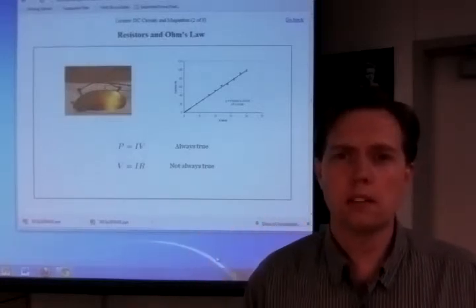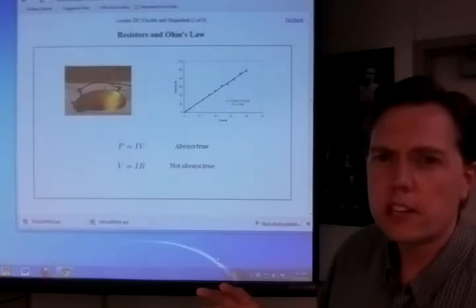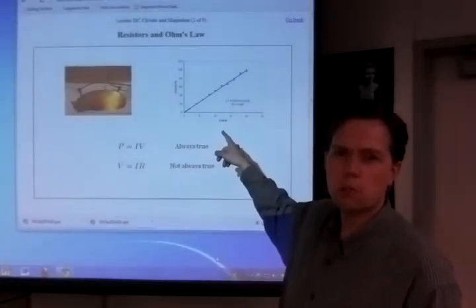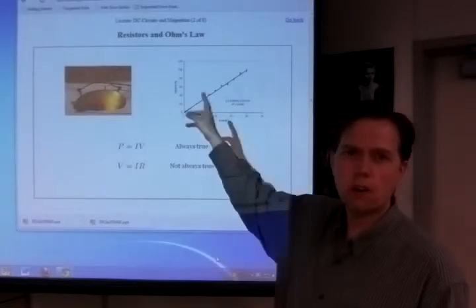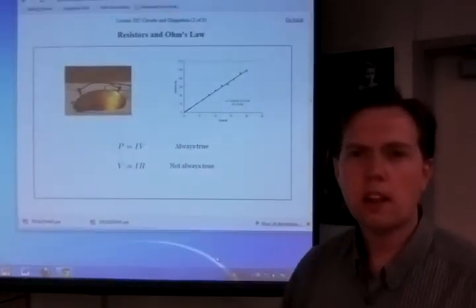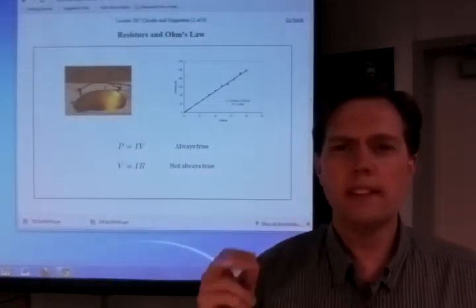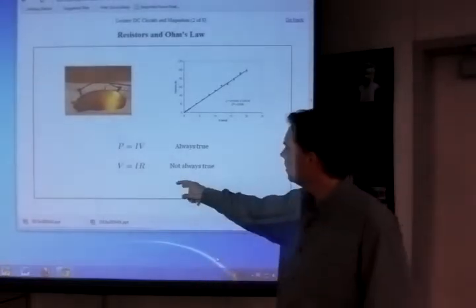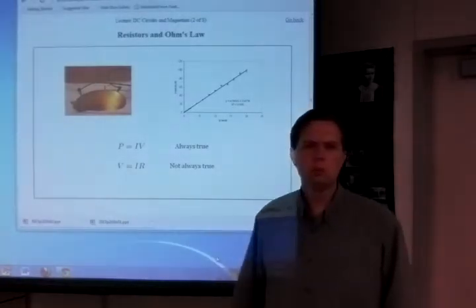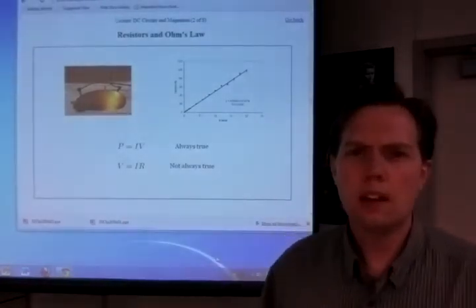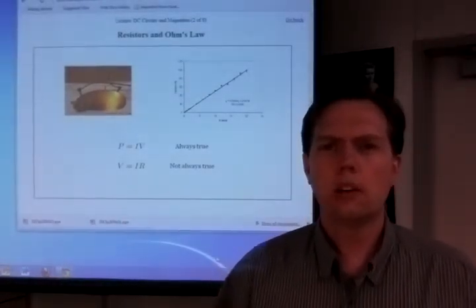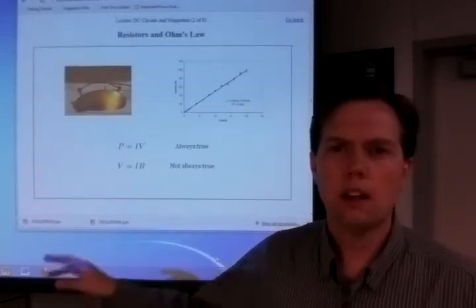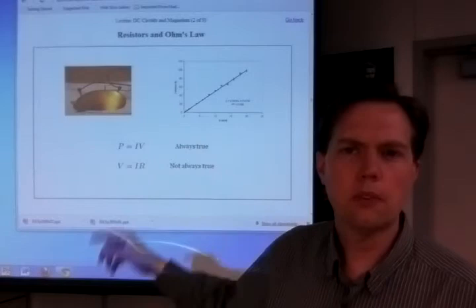Now, a perfect and ideal resistor has this kind of a relationship between voltage and current: a perfect straight line. That straight line is really the definition of resistance. And this equation here is called Ohm's law, and it is the relationship between voltage and current, and the resistance is effectively the slope of this line.